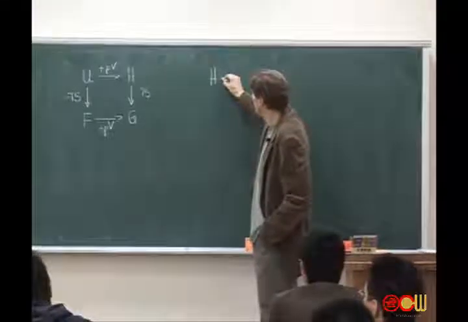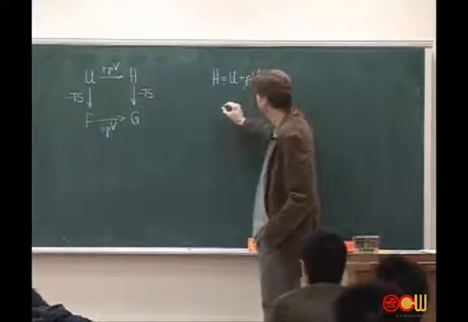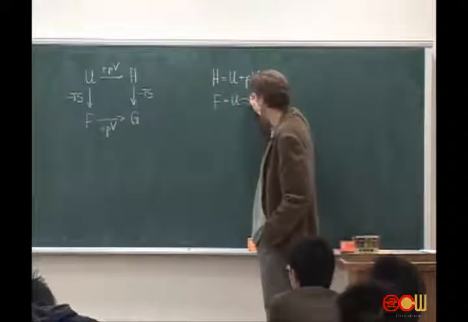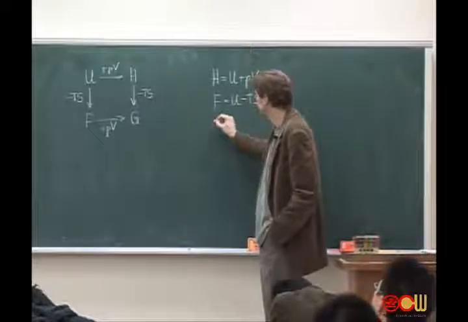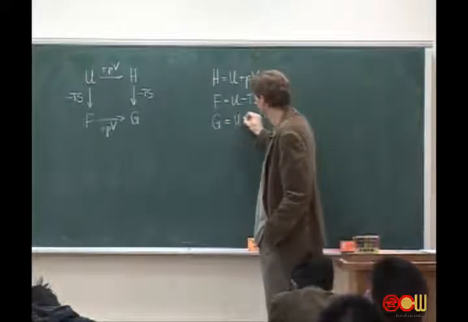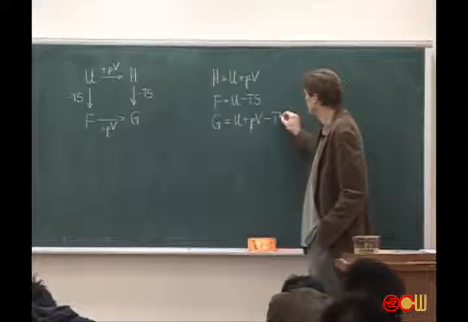H is just U plus PV. F is U minus TS. And G is U plus PV minus TS.